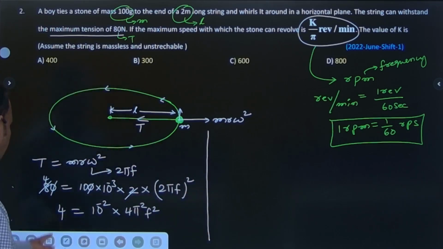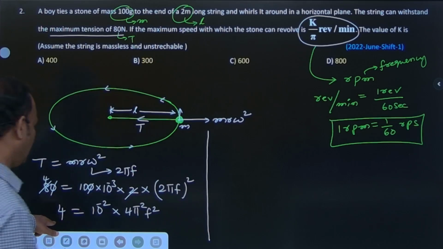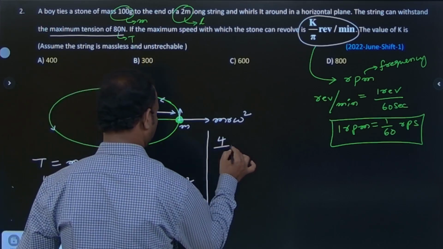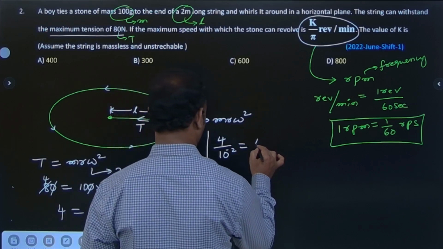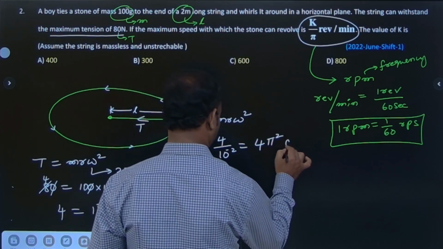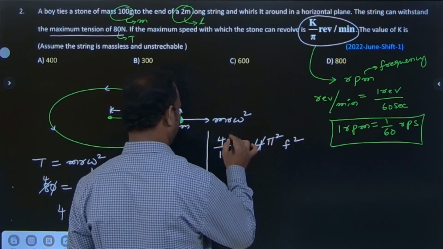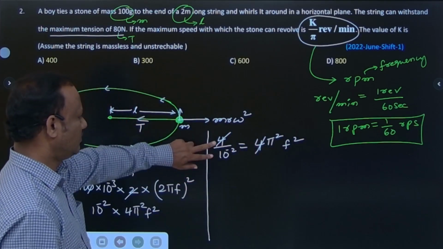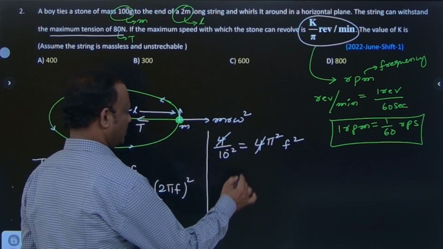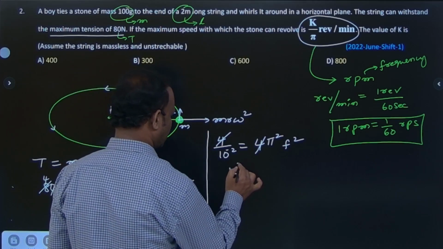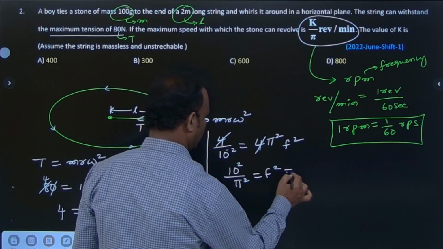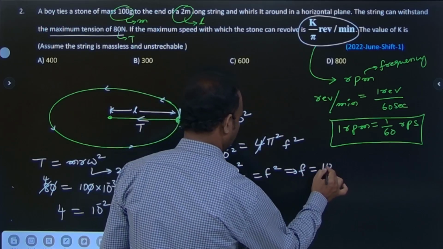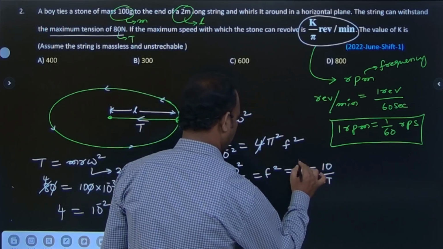So 4 by 10 to the power of minus 2 is equal to 4 pi square f square. 4 and 4 cancel, and 10 to the power of minus 2 becomes 10 to the power of plus 2. So 10 square by pi square is equal to f square. Then f is equal to 10 by pi.